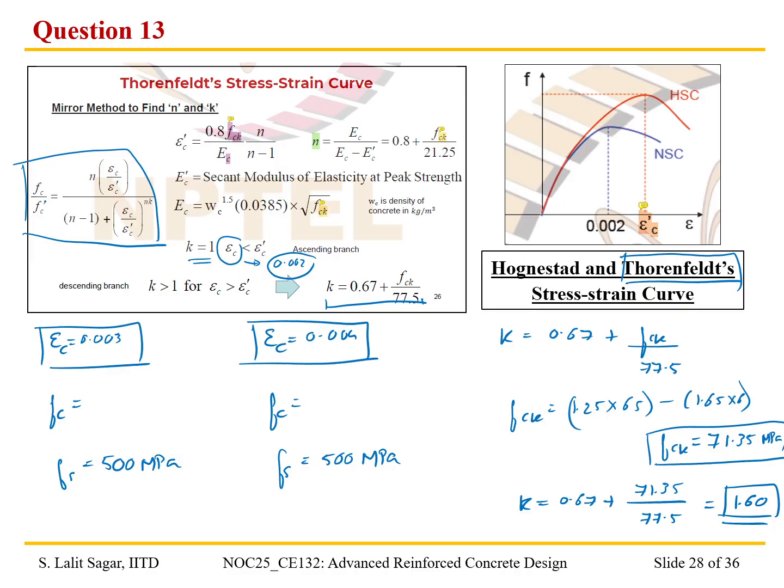For the first case, I am getting the value of Fc as 19.05 MPa. Correspondingly, for 0.004, it is 3.5 MPa.